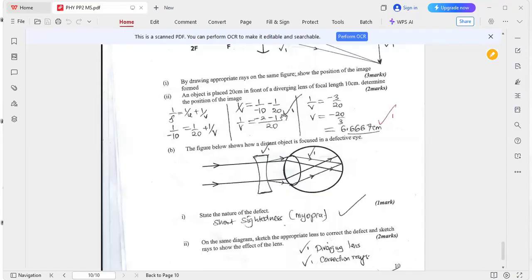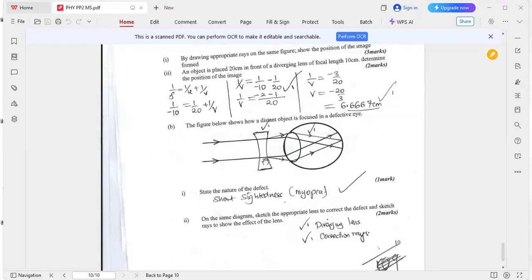Then number three, focal length of a convex mirror is also negative. So those are three cases: virtual image, focal length of a concave lens, and focal length of a convex mirror. Those are the areas you attach a minus sign.